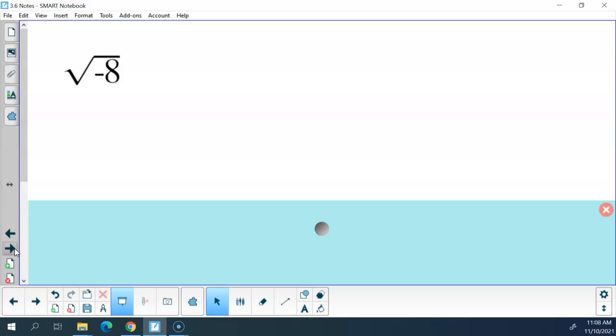Okay? Because if we have a square root, we're looking for two numbers that can multiply together to be that number. And if it's the same number, it's just not going to work out. It doesn't work out to get a negative number, because a negative times a negative is a positive. Positive times a positive is a positive.